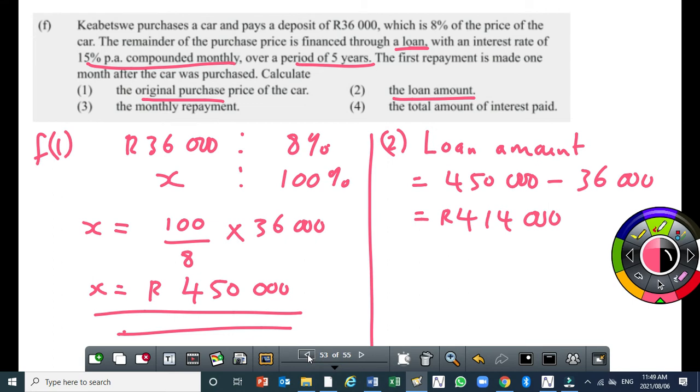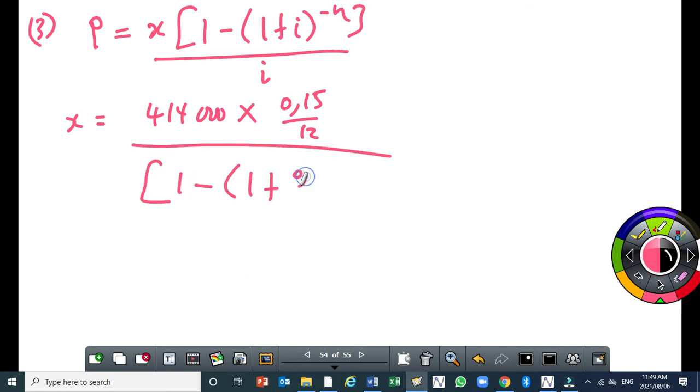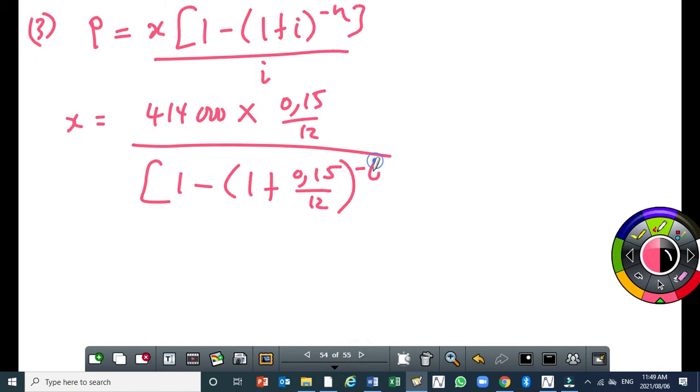It's 15% per annum compounded monthly, so that is 0.15 over 12. This is all over 1 minus 1 plus 0.15 over 12, all raised to the power of... Now, it's a total of 5 years, right? So 5 years times 12 months. That's what? 60.